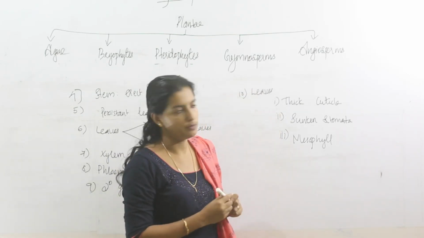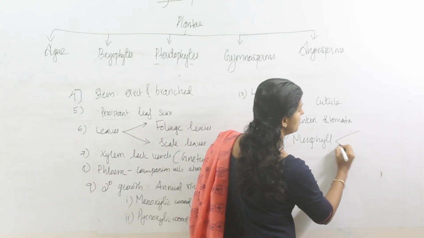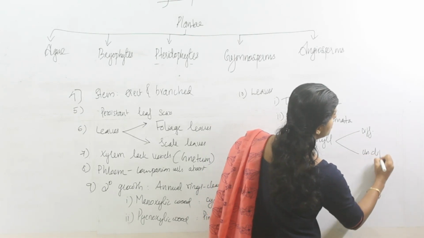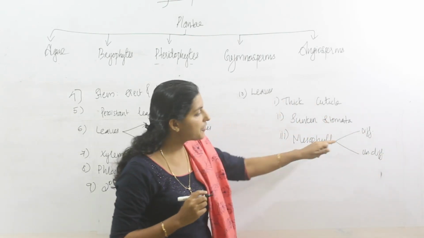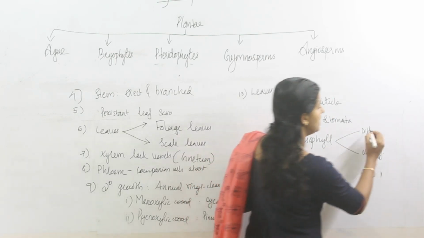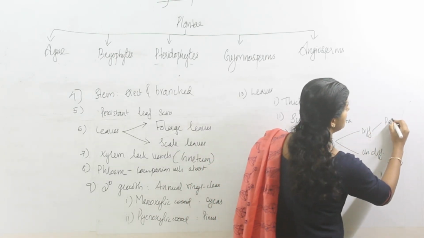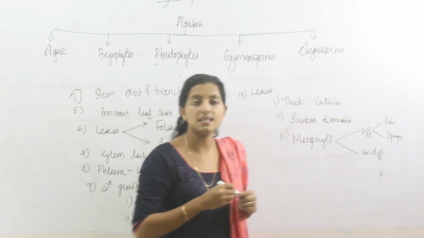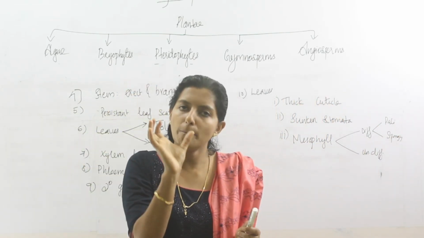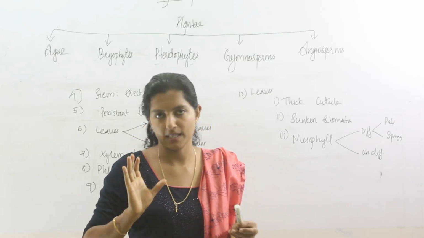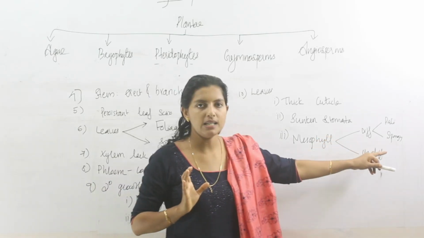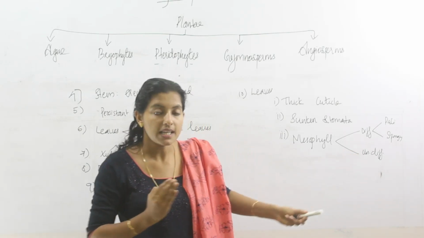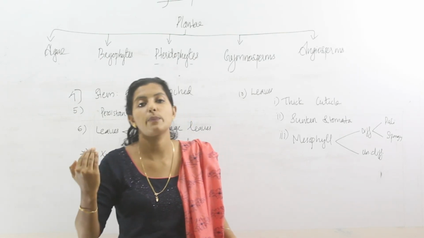Differentiated means the mesophyll gets differentiated into palisade and spongy layer. Palisade layer means the elongated and compactly packed chlorenchyma cells. Spongy tissue means the loosely arranged chlorenchyma cells, with a lot of intercellular spaces in between.